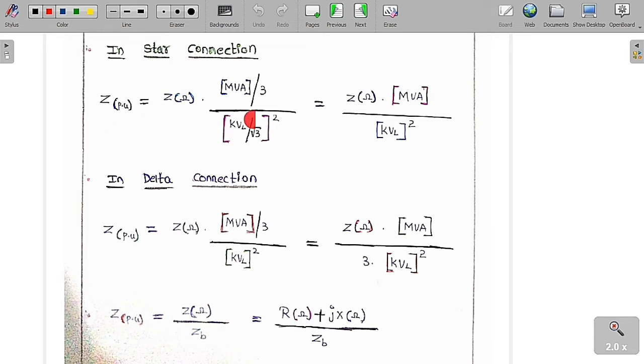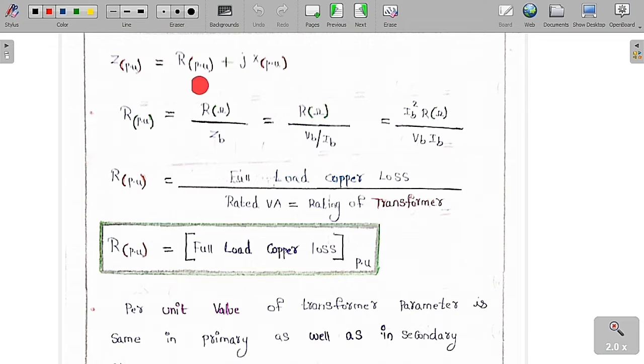For each and every phase, Z per unit is equal to Z by Z base, actual value by Z base. The actual value is R plus jX, both in ohms, divided by Z base. Dividing Z base on both parts, we get Z per unit equal to R per unit plus jX per unit, where R per unit is equal to R by Z base and X per unit is equal to X by Z base.